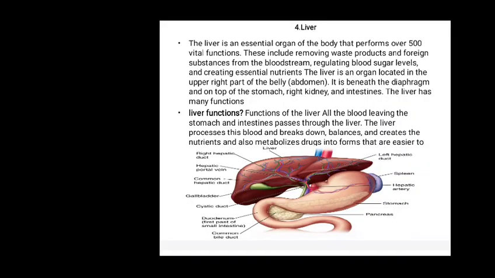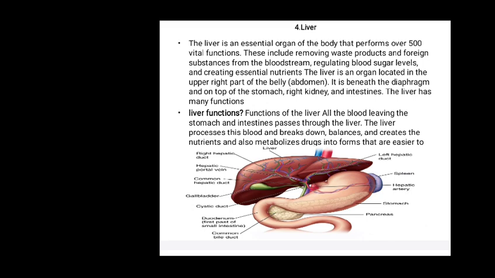Question number 4. Liver. The liver is an essential organ of the body that performs over 500 vital functions. These include removing waste products and foreign substances from the bloodstream, regulating the blood sugar level, and creating essential nutrients.